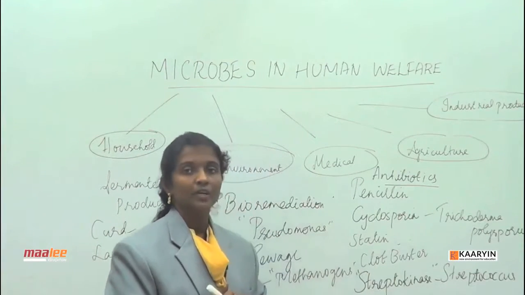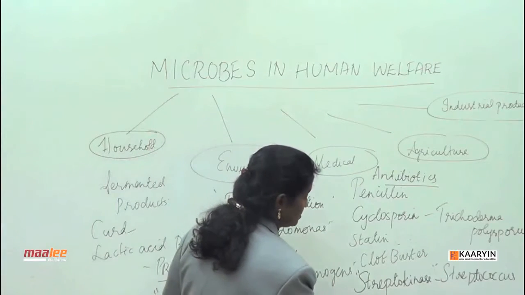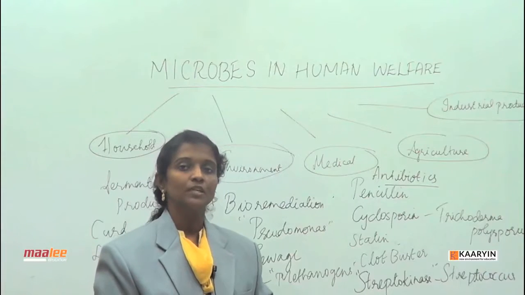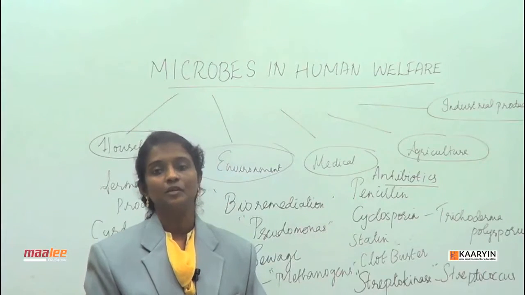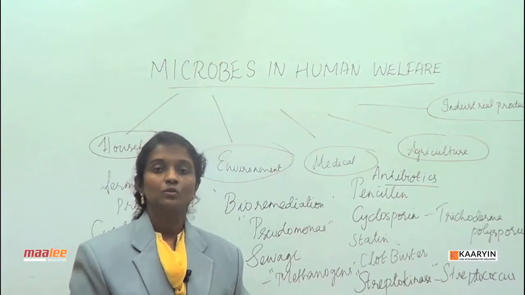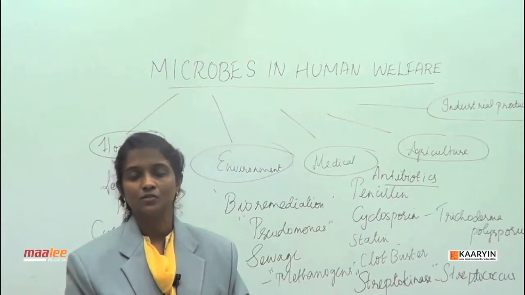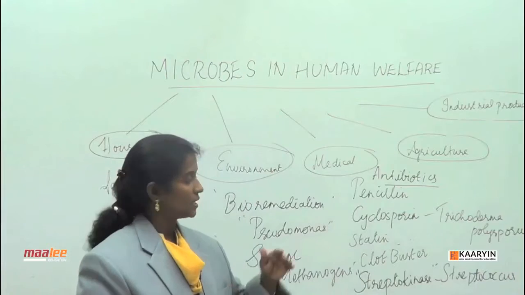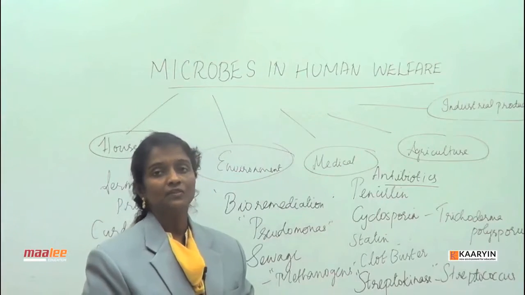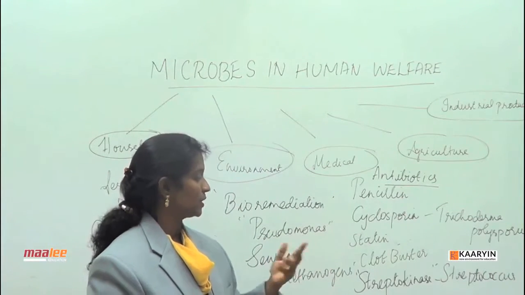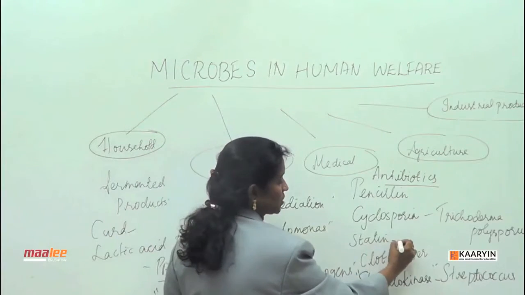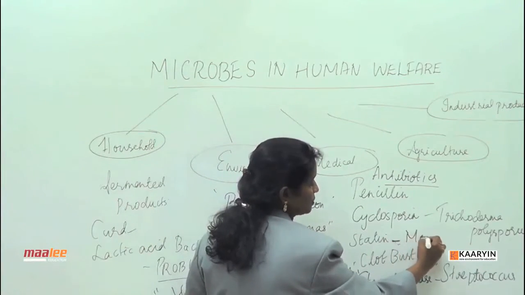Commercially we can also call it TPA, tissue plasminogen activator. This tissue plasminogen activator has been used in the treatment of myocardial infarction and also digesting the clots in the brain and other soft tissue. So, it has myriad applications, starting from antibiotics to life saving drugs like cyclosporin, streptokinase, then the anti-obese or anti-BP drug called statins from Monascus purpureus.